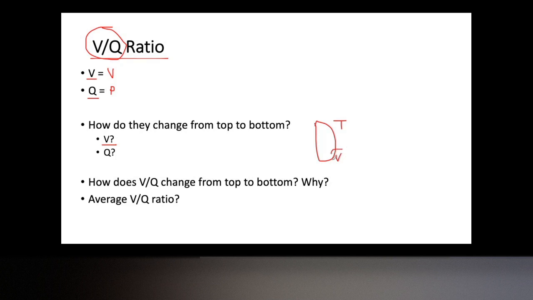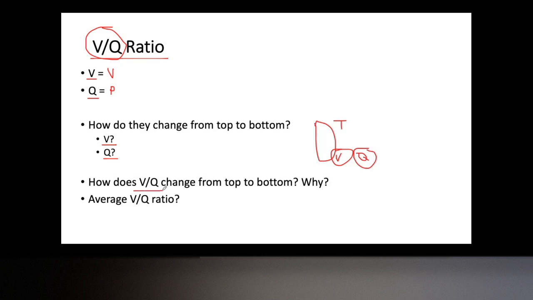What about the Q, the perfusion? Where do you find the highest, on the top or the bottom? Base. Bottom. Yes, base. Q is also found on the bottom. So basically the highest V and the highest Q are found on the bottom. So always remember that V and Q are higher on the bottom.